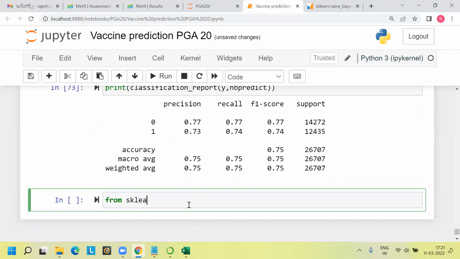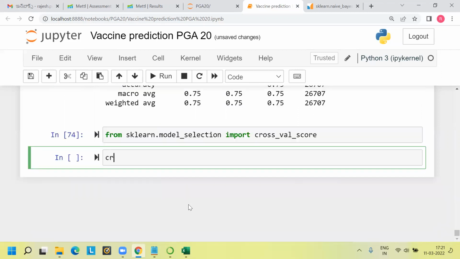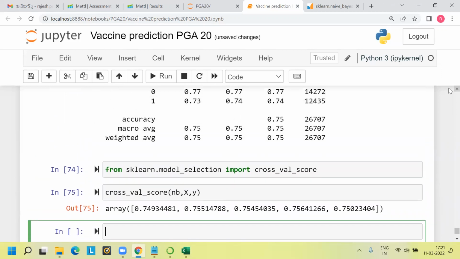From sklearn.model_selection import cross_val_score. cross_val_score(NB, X, Y). See, they're all exactly on the same path. It's a stable model.